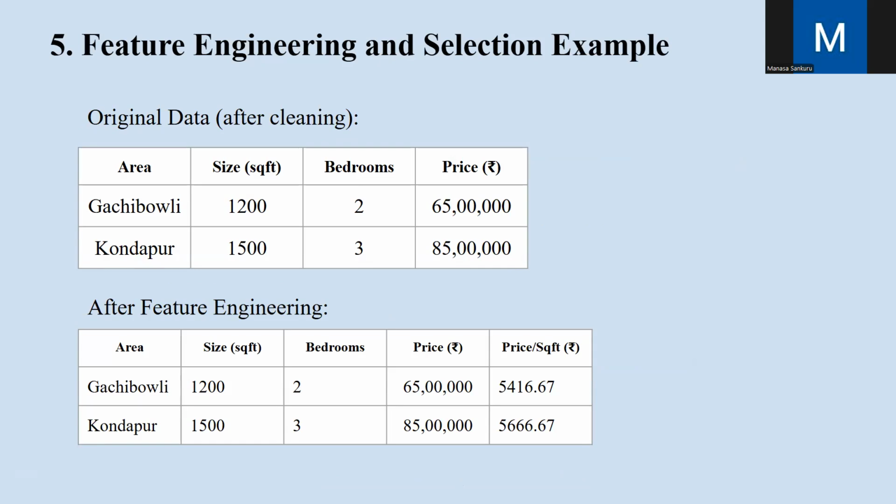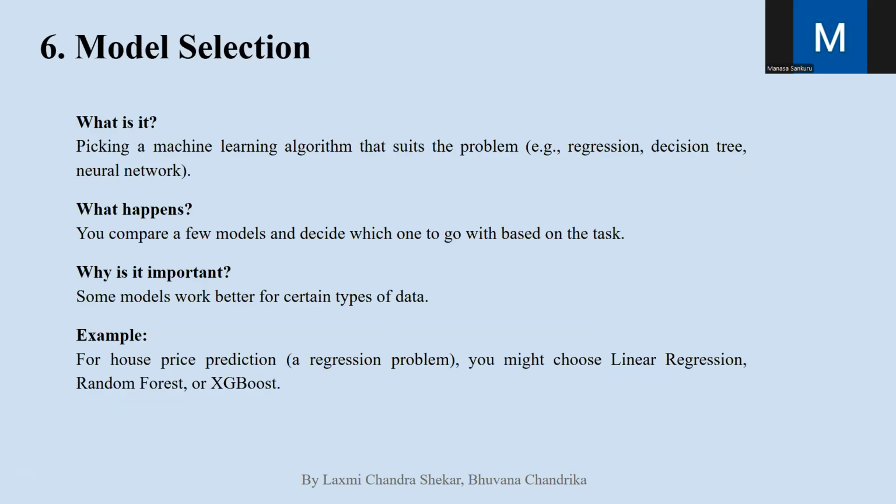Here, the ML algorithms, like there will be different algorithms, no? Decision tree, neural networks. Neural networks are like deep learning algorithms. Here we'll select what kind of machine learning algorithm we are going to use to solve the problem.